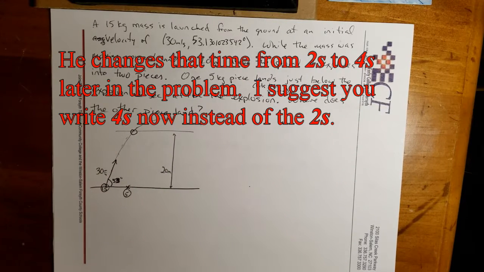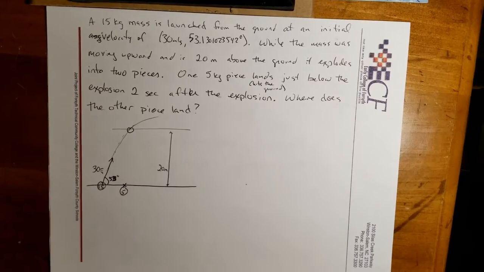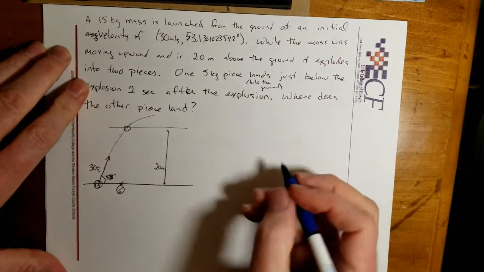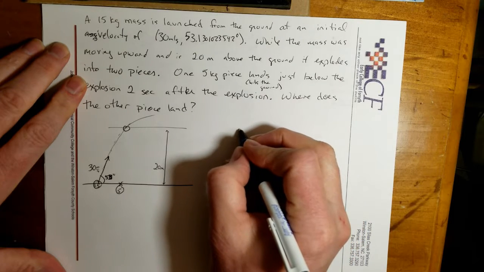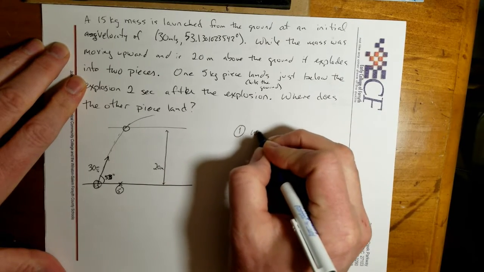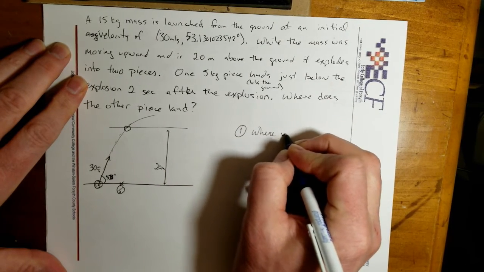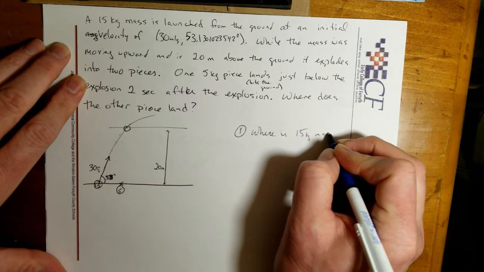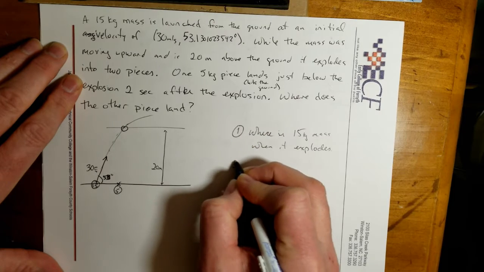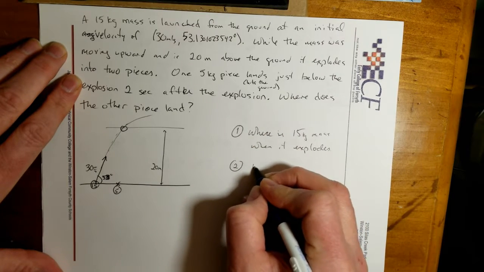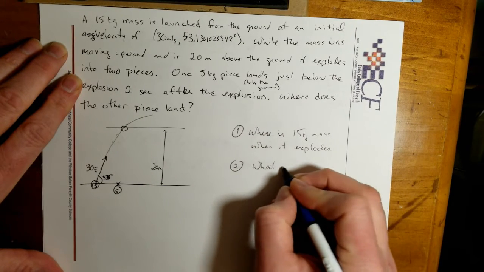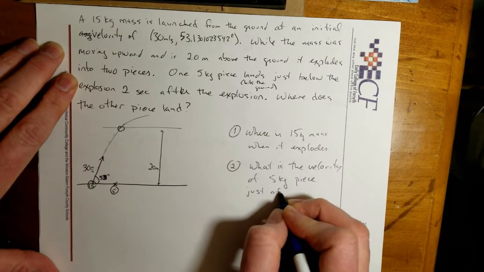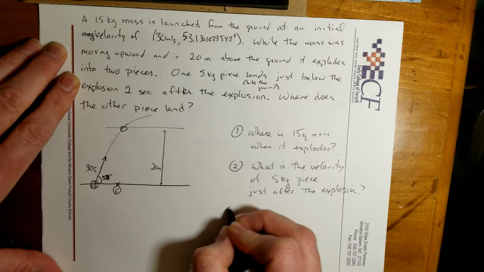Now this is a nice problem because it brings in aspects of physics we have done already. And so I'm going to break it down into a couple pieces. So one, where is the 15 kilogram mass when it explodes? 2. What is the velocity of the 5 kilogram piece just after the explosion? 3.